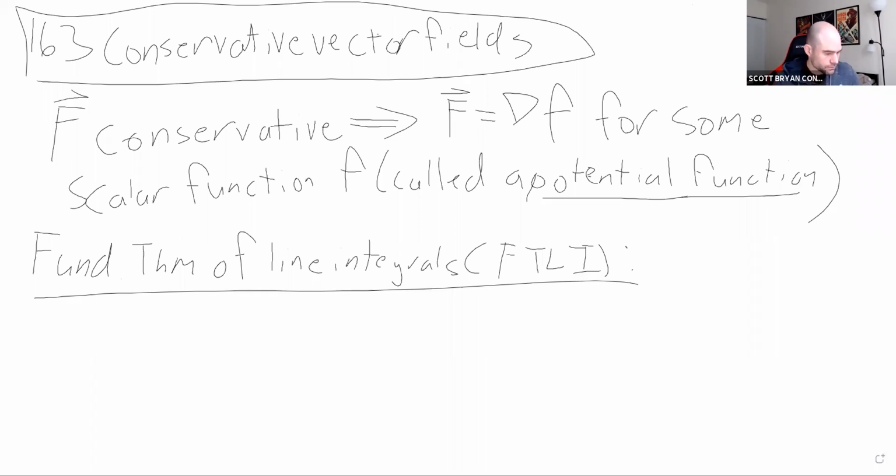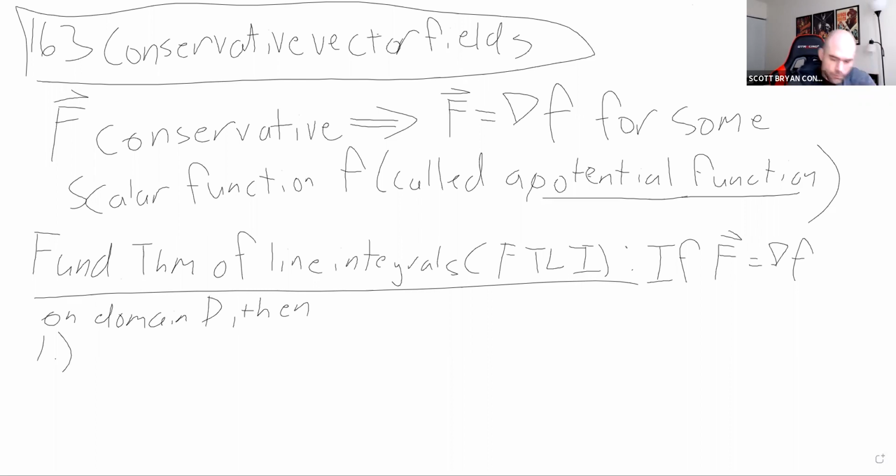So basically, if your vector field is conservative, if you're the gradient of little f, if little f is your potential, so if it's conservative on some domain D, then the following things are true.